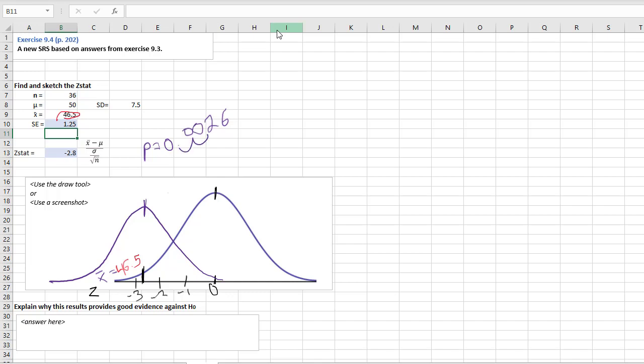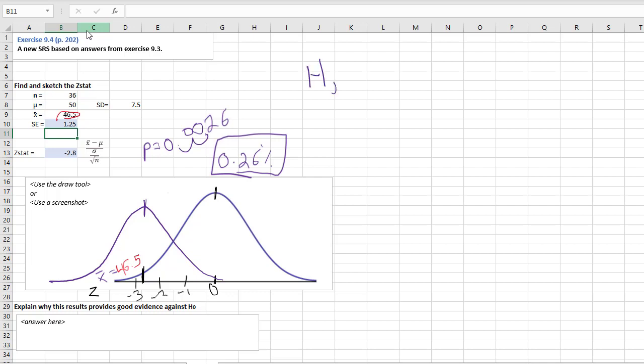Okay, so if we move the decimal point right there, the chances of having a mean at this level with 36 people is going to be 0.26%. That's a pretty small number, and if I may, a significant number when it comes to our p-value.